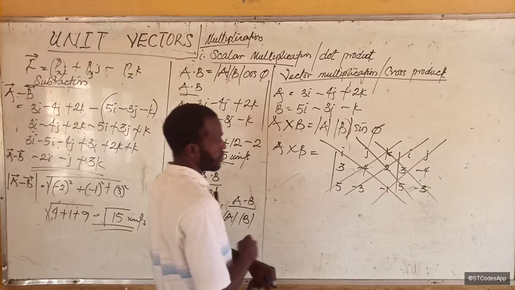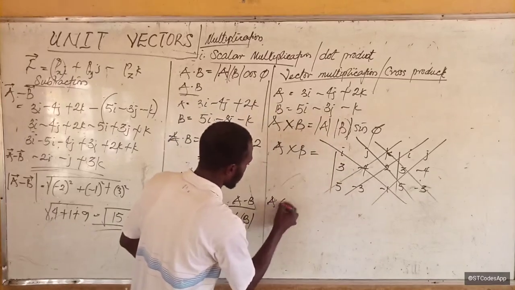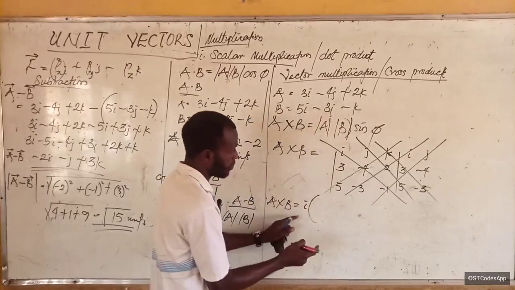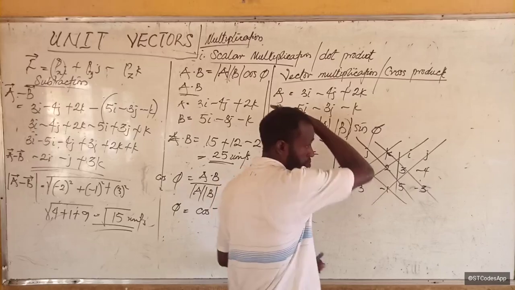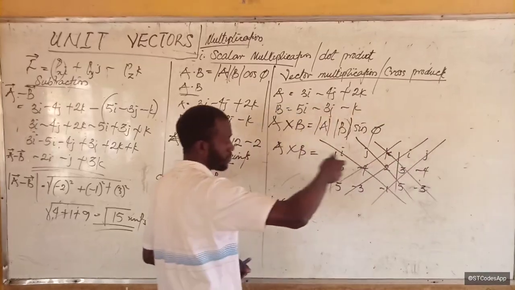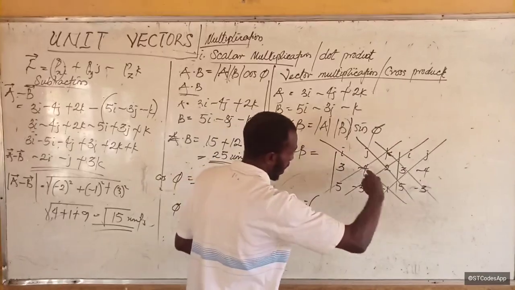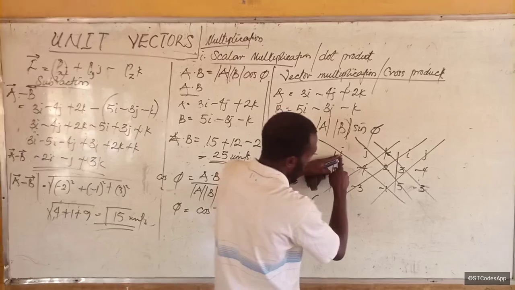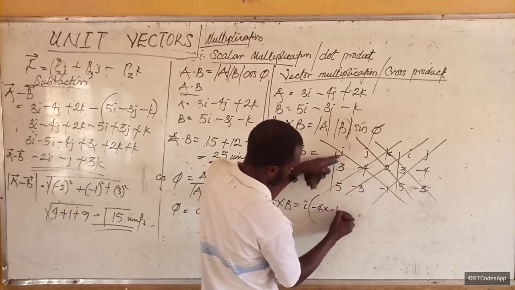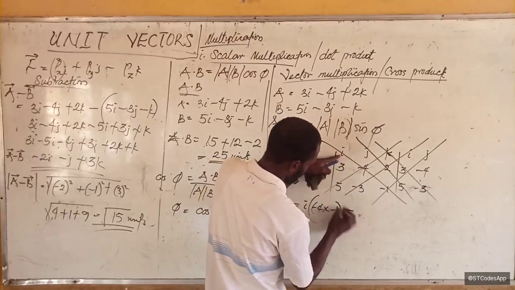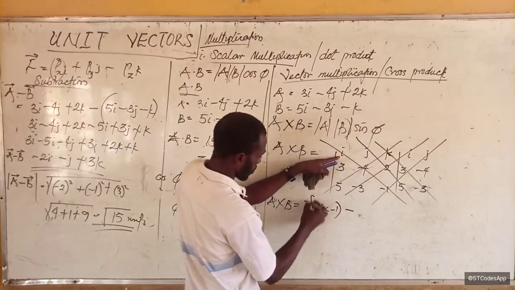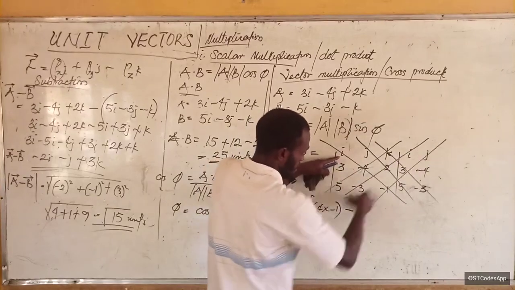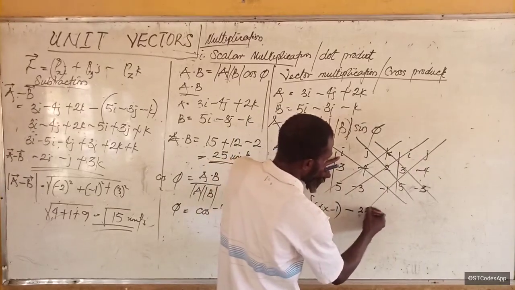So after drawing 3 lines, you now take the determinants. And this is where you take the determinant for I. So you say A cross B will become, for I, this is what I did for I. -4, you know, is the main diagonal minus the other diagonal. So for I, you go to the I and say -4 times -1 minus, then under I again, the other diagonal is 2 by -3.